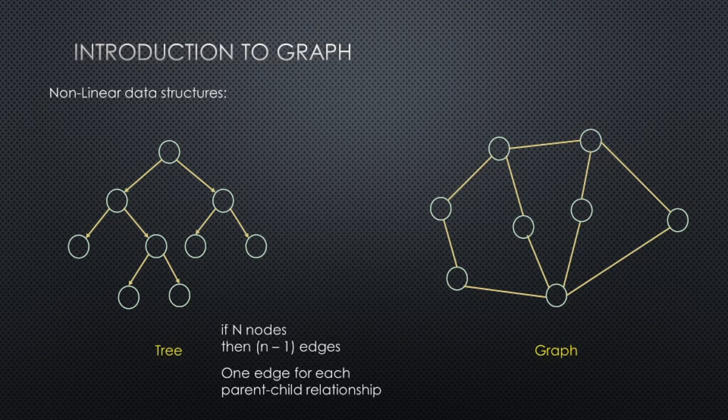In a tree, all nodes must be reachable from the root, and there must be one possible path from root to a node. Now, in a graph, there are no rules dictating the connection among nodes. A graph contains a set of nodes and a set of edges, and the edges can be connected to the nodes in any possible way.